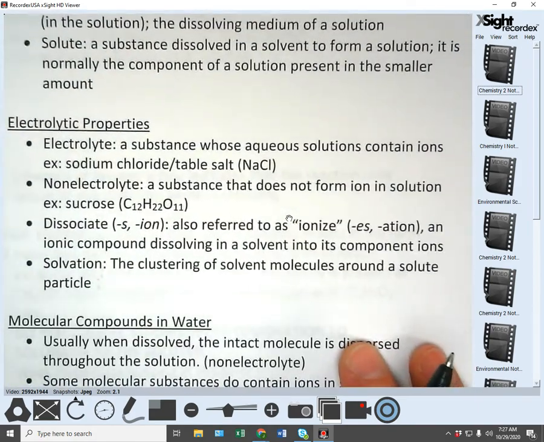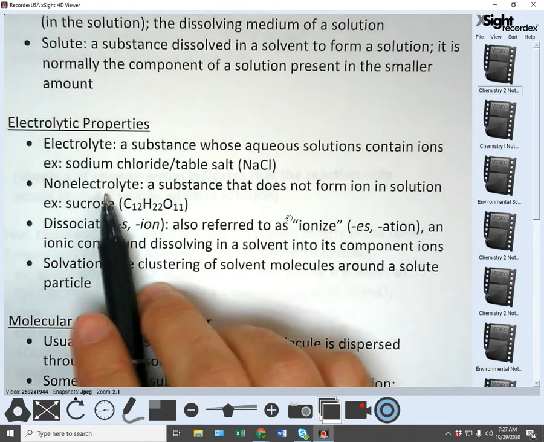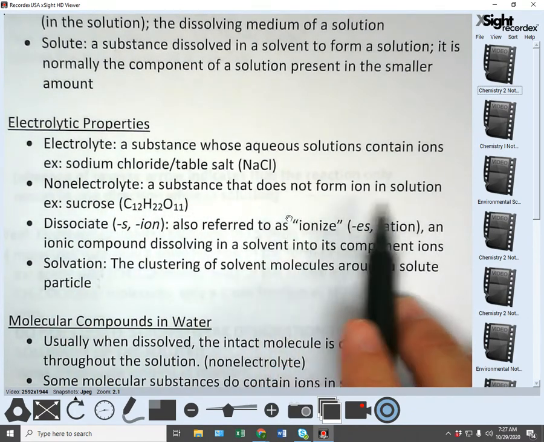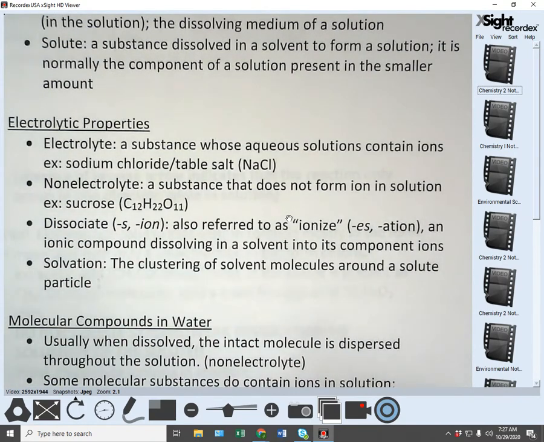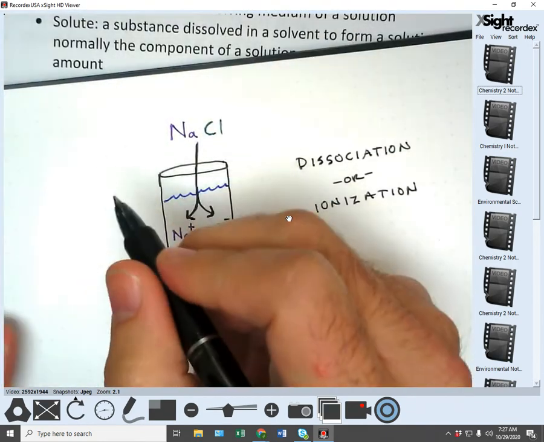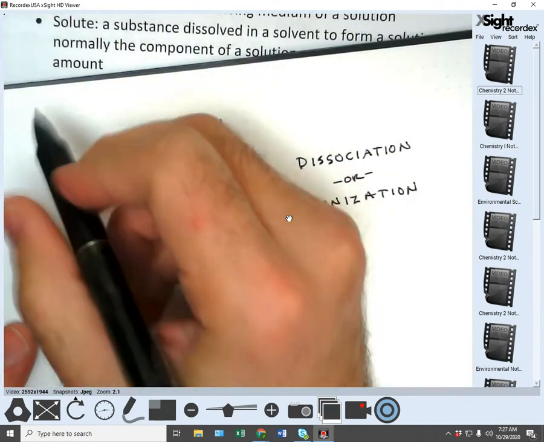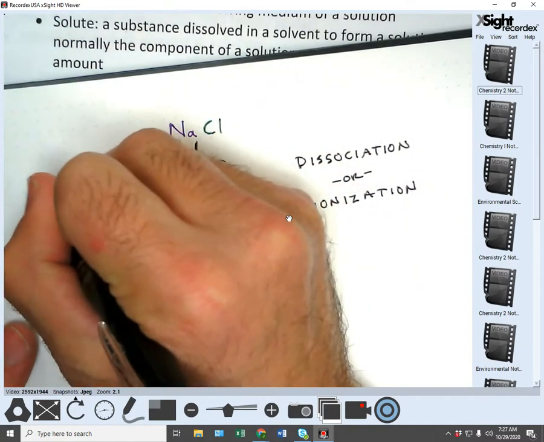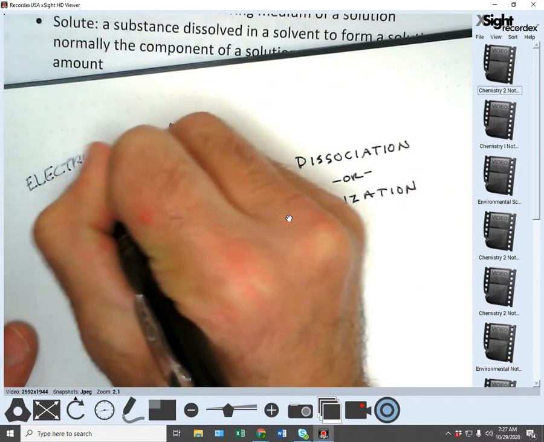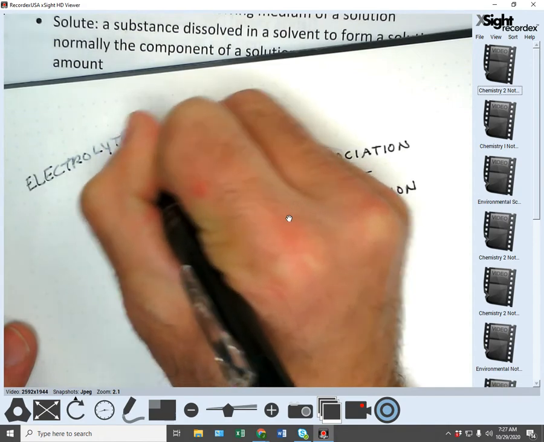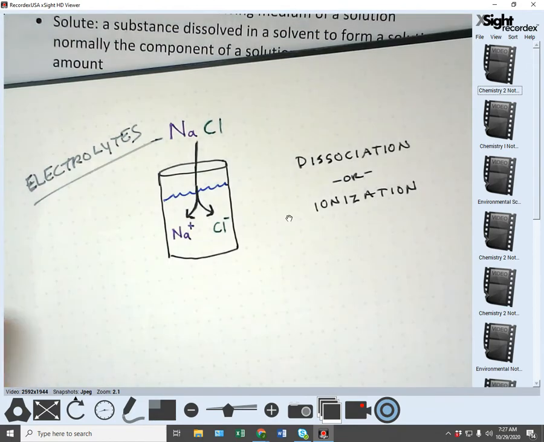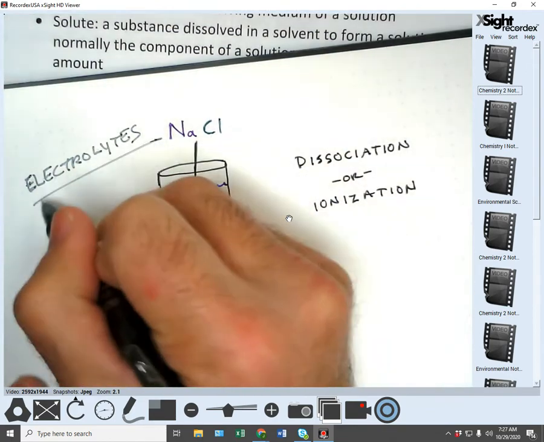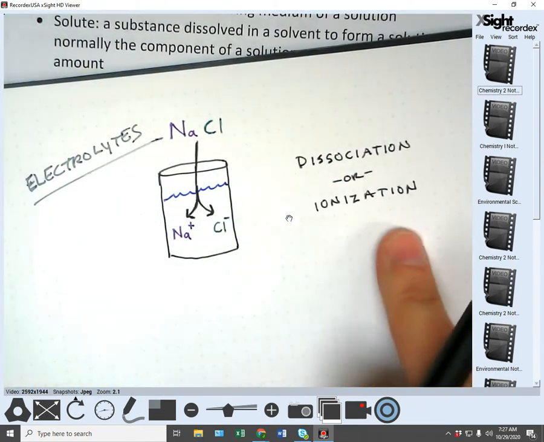Non-electrolytes are substances that do not form ions in solution. I should say electrolytes over here, electrolytes will dissociate.